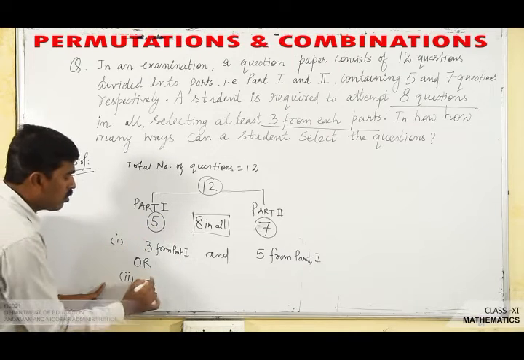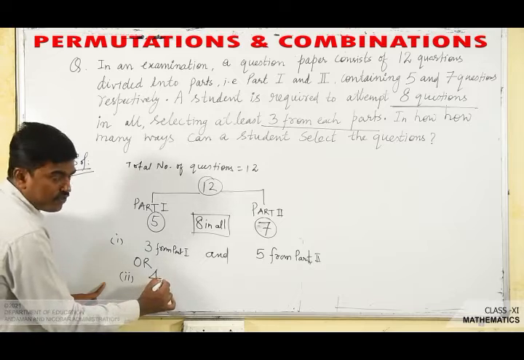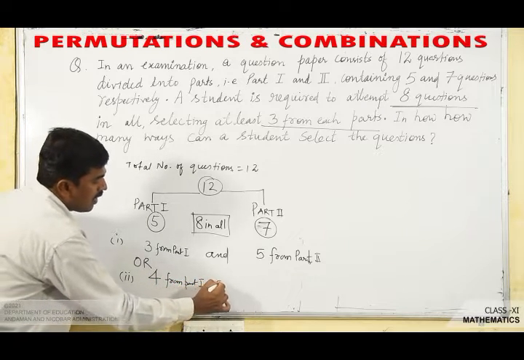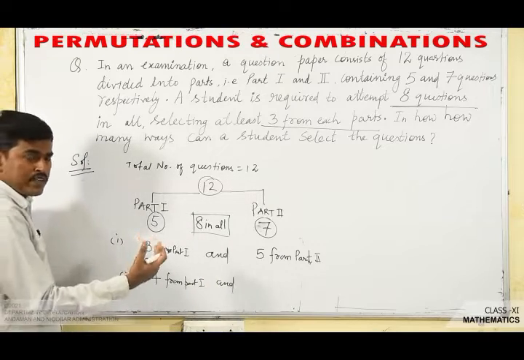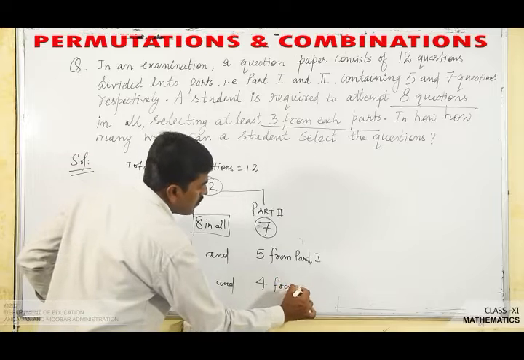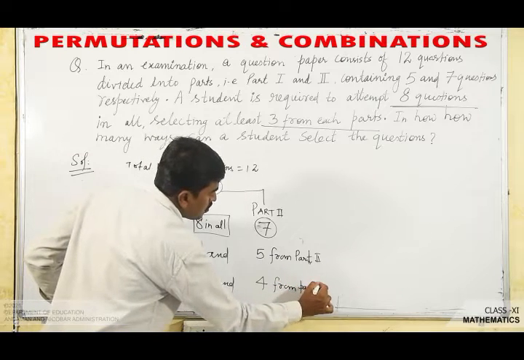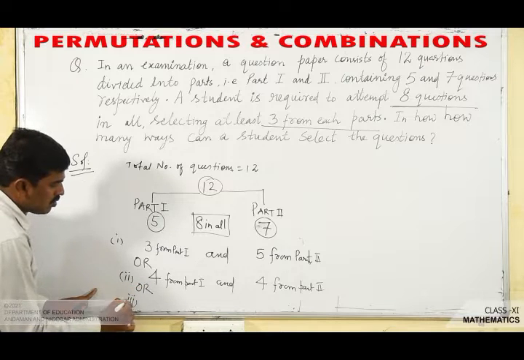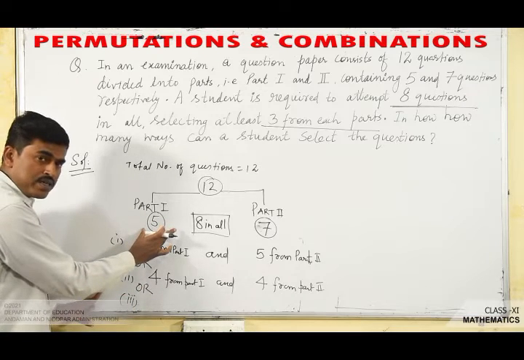The second case is that he can select 4 questions from part 1, and how many from part 2? 4 questions from part 2. Or he can also select all 5 questions from part 1, since there are 5 questions in part 1.